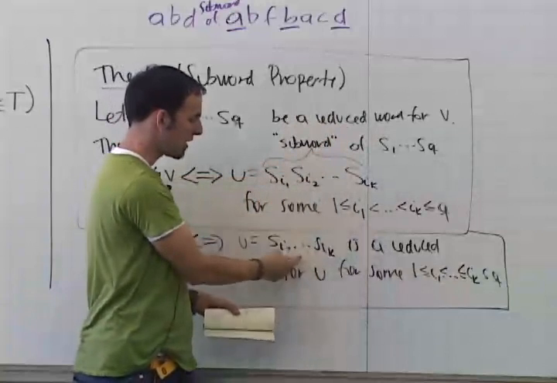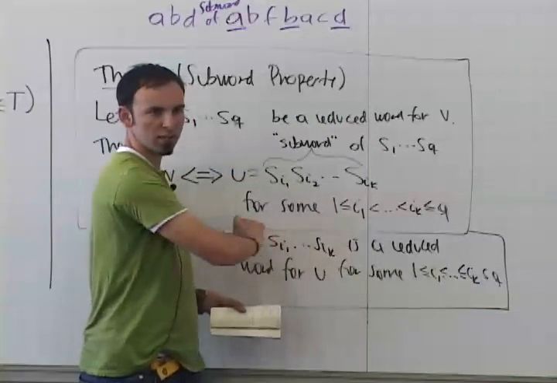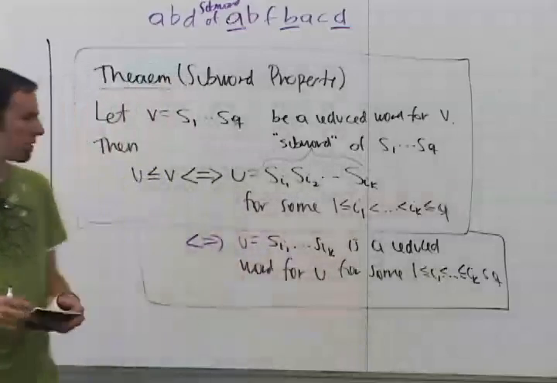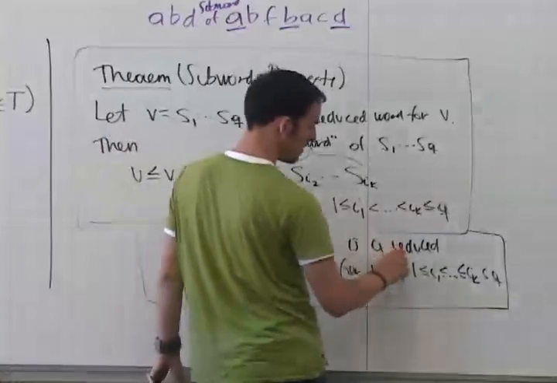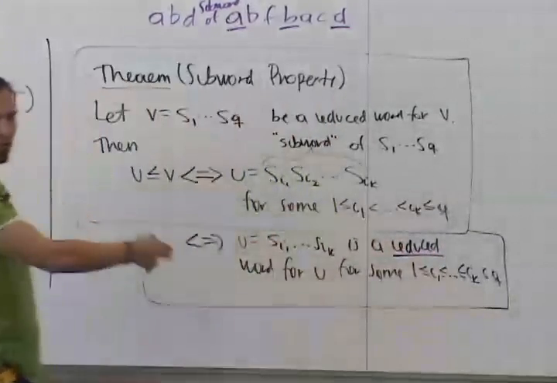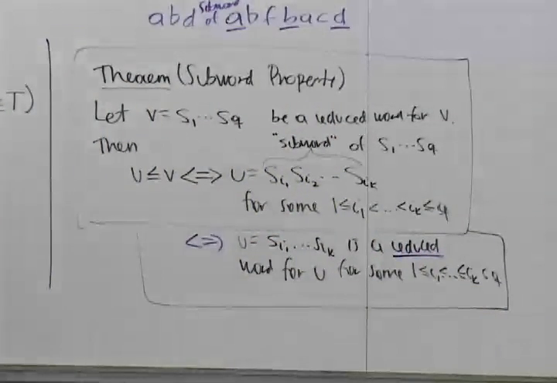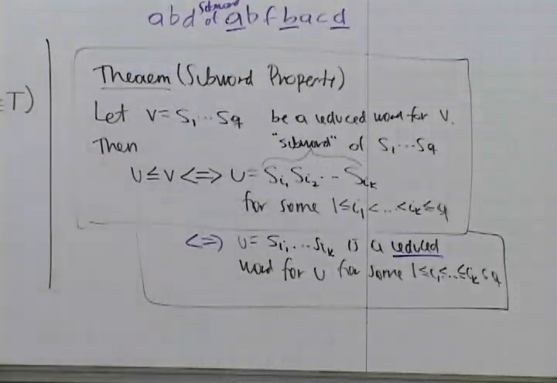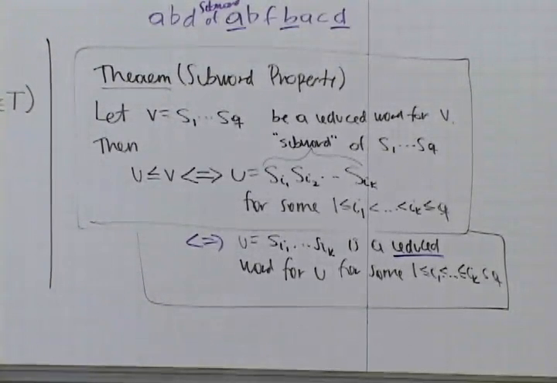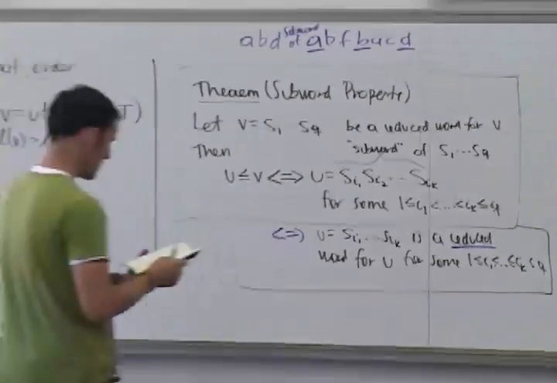And by doing that, I obtain a reduced expression that is also a subword. So you can feel free to either include or not include reduced in this theorem, and it's true in any case. Okay. Any questions about this statement of the theorem? Okay.